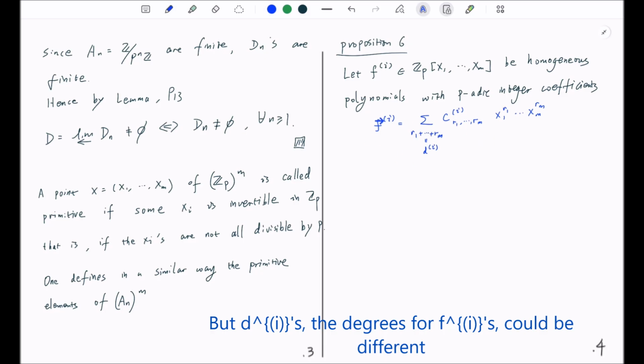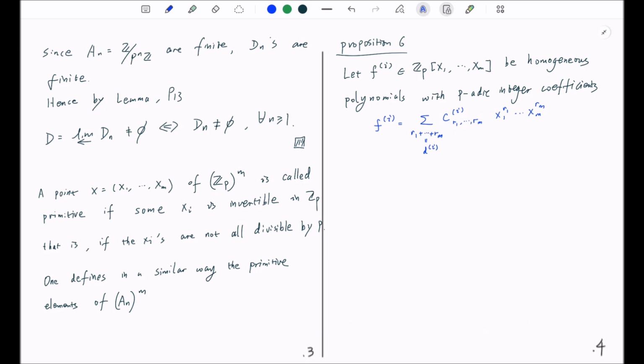This is a representation of f^i in terms of monomials in complicated notations. So the sum of r_1 through r_m for each monomial is always equal to the same integer, some d^i.